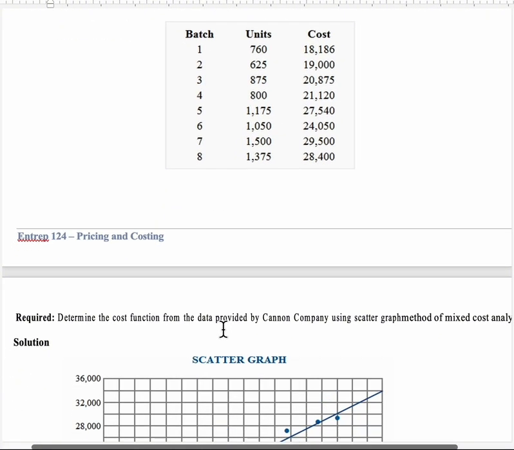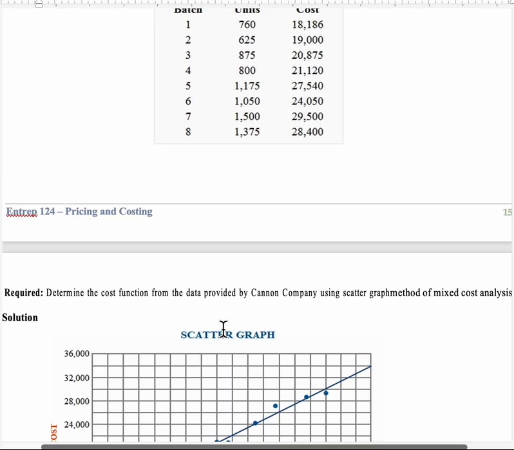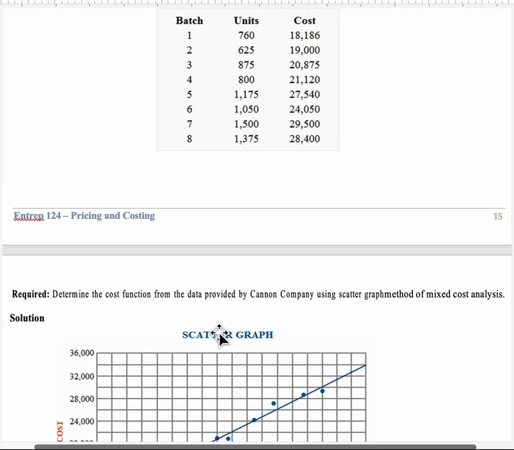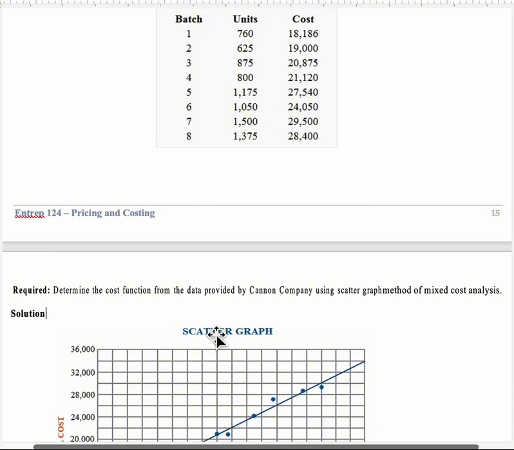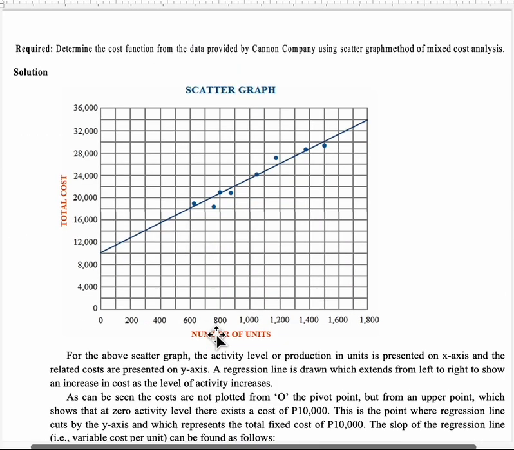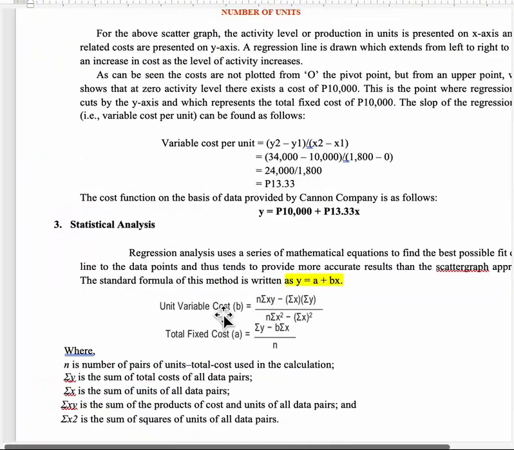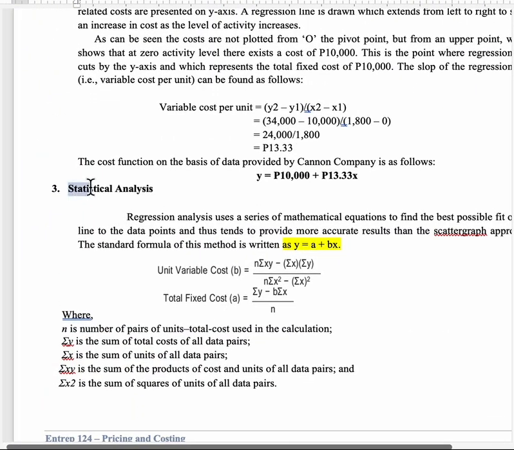Don't worry about the solving for the scatter graph, because what I'm going to emphasize is more on account analysis and the statistical analysis, or the regression.